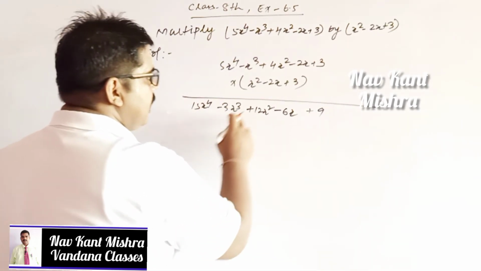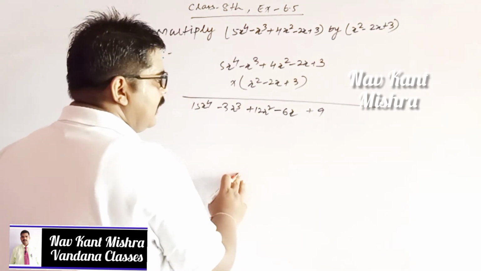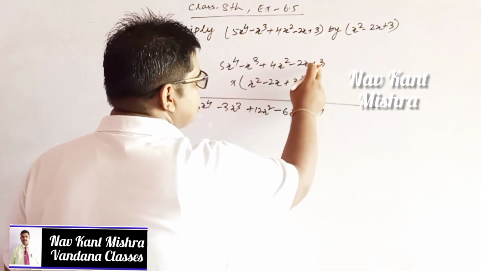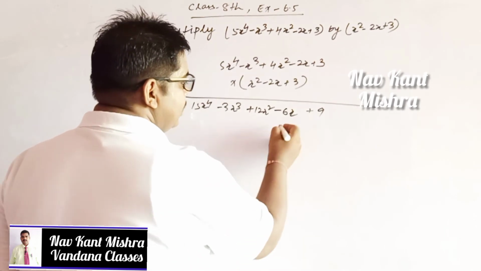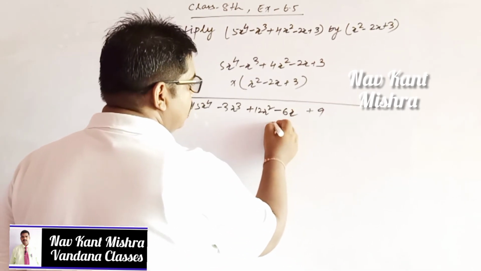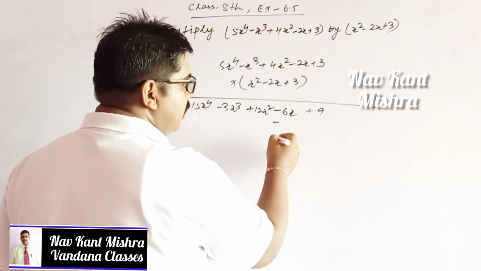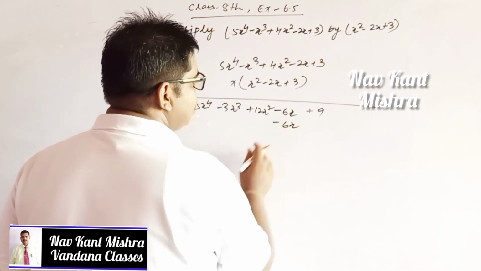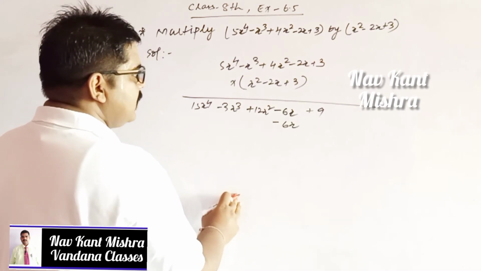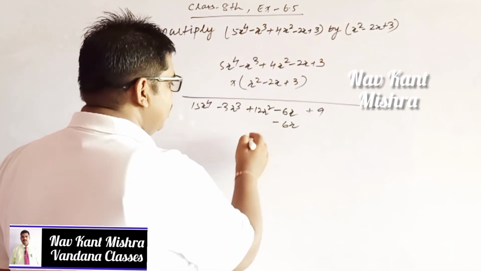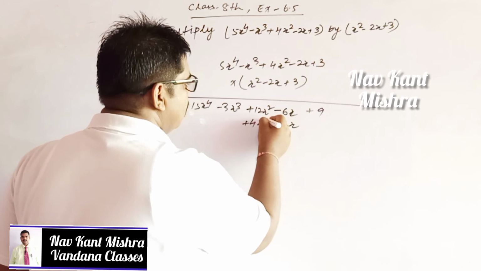Similarly, you have to multiply by minus 2x. When you multiply minus 2x by 3, you get minus 6x, and you have to write it in the proper column of the like terms. So you write it down here. Minus 2x multiplied by minus 2x gives plus 4x squared, and you write it in this column.